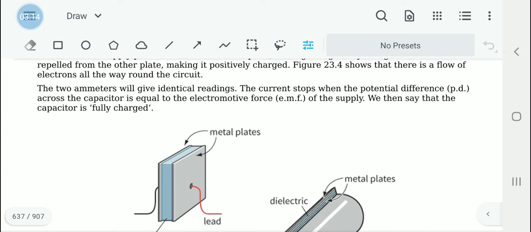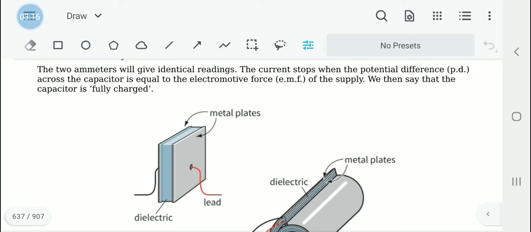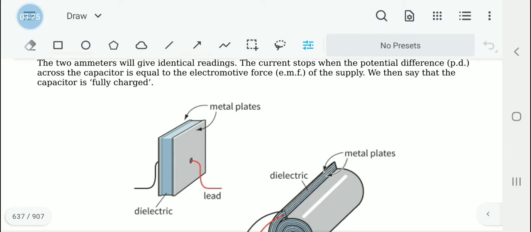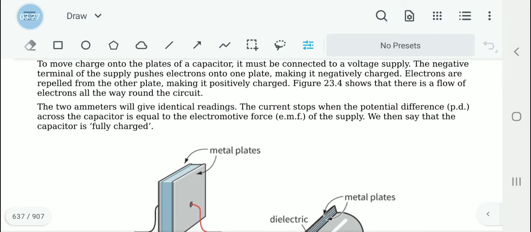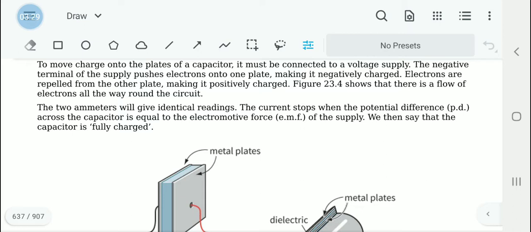Now, when that happens, the two ammeters will give identical readings. So they have identical but opposite charges.